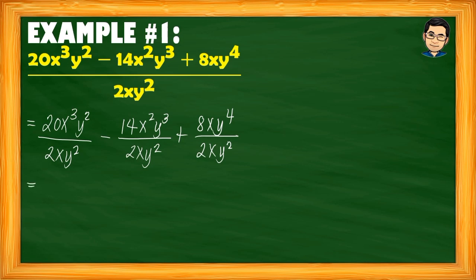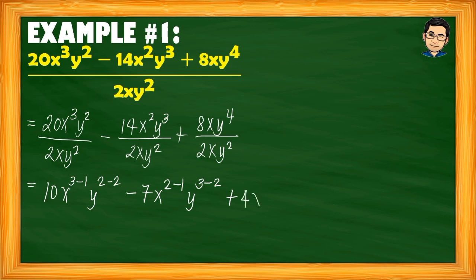Next, 20 divided by 2, that is 10. And then x raised to 3 minus 1, and then y raised to 2 minus 2, minus 14 divided by 2, that is 7. X raised to 2 minus 1, and then y raised to 3 minus 2, plus 8 divided by 2, that is 4.